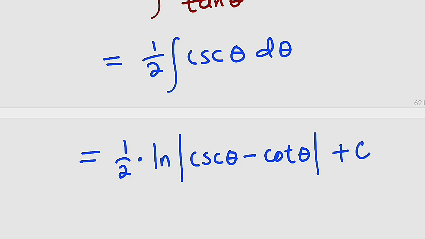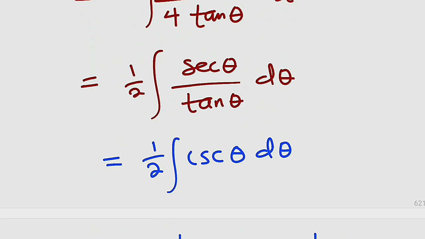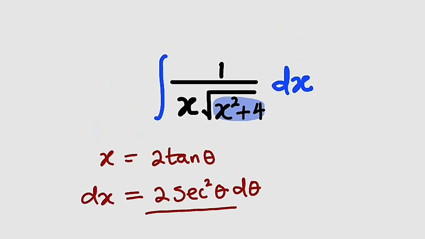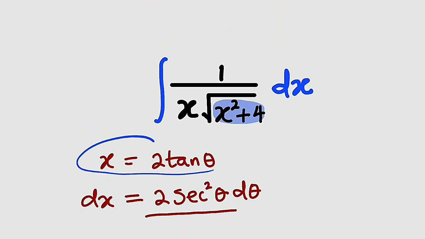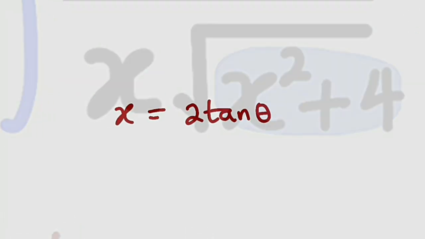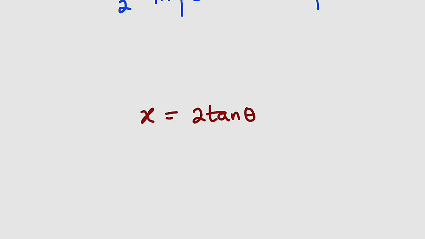We are done, but remember that our function was in terms of x, not in terms of theta. So how can we bring it back? Remember that we have substituted x with 2 tangent of theta. So let me just copy that. So if x is equal to this, we can divide both sides by 2.